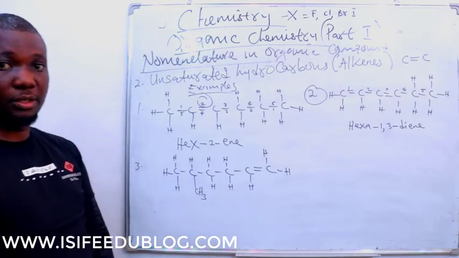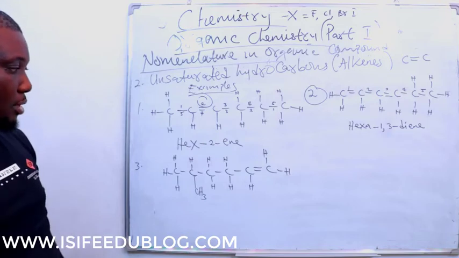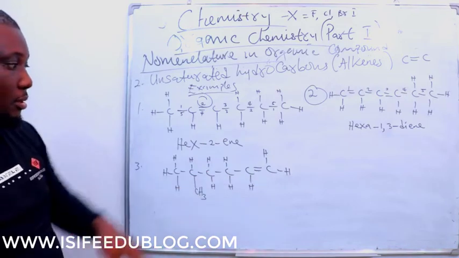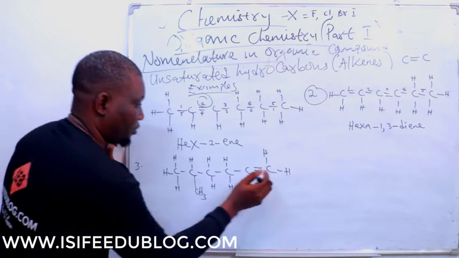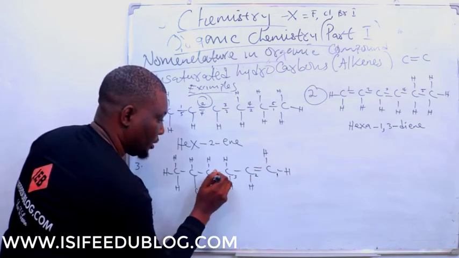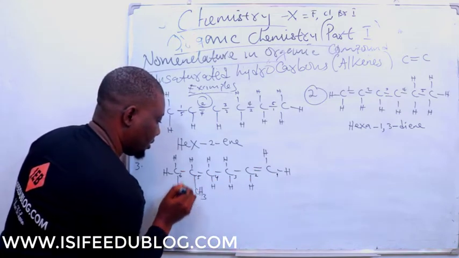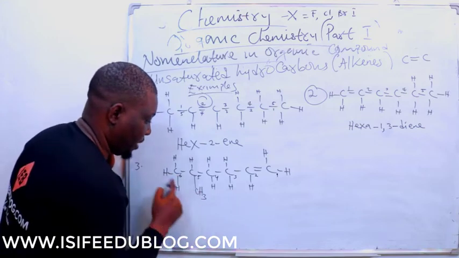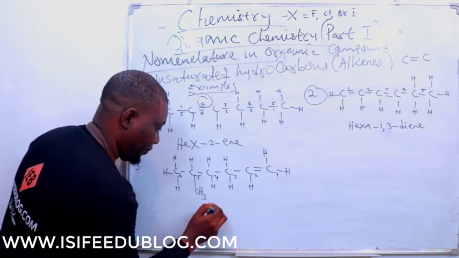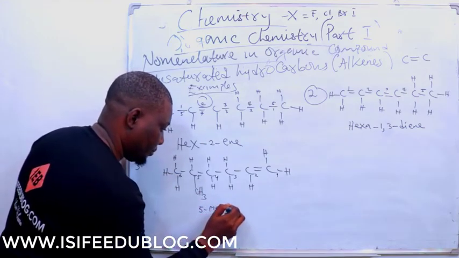Pause the video and try it. Please number to give the lowest number. So the numbering should not start from here, but from here. 1, 2, 3, 4, 5, 6. So this methyl group is at position 5 and not 2. So this is 5-methyl.